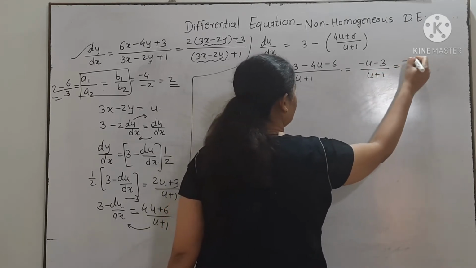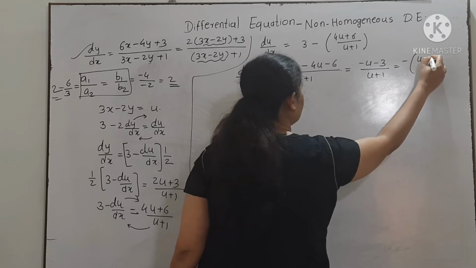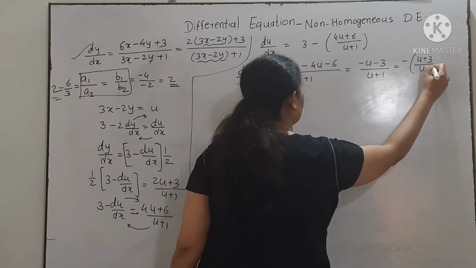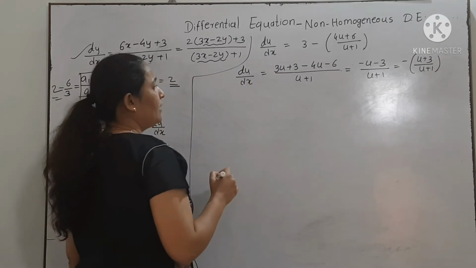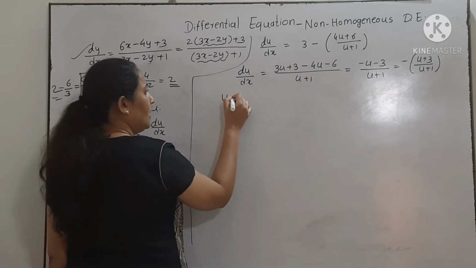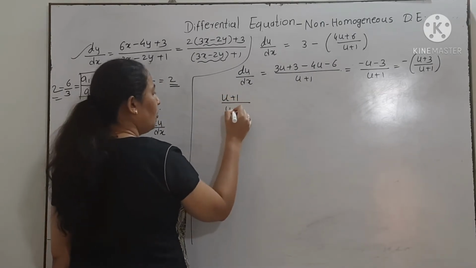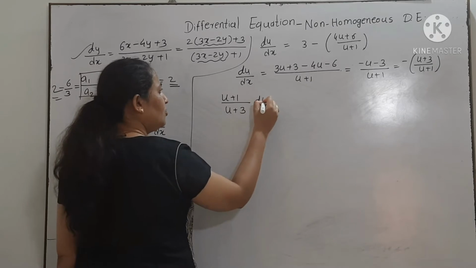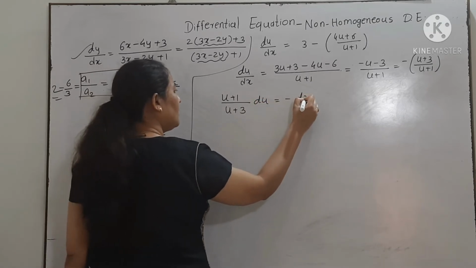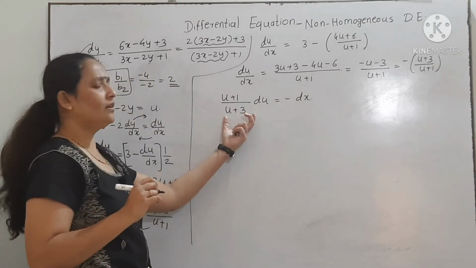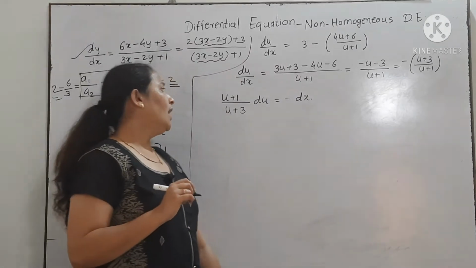We can take minus sign common. It is minus (u plus 3) upon (u plus 1). Now we can convert this into variable separable form. It is (u plus 1) upon (u plus 3) into du equal to minus dx. Variables of u on one side, variables of x on another side.